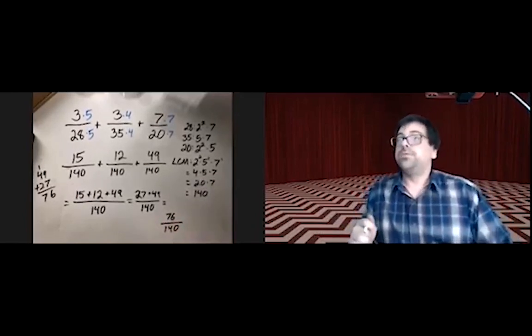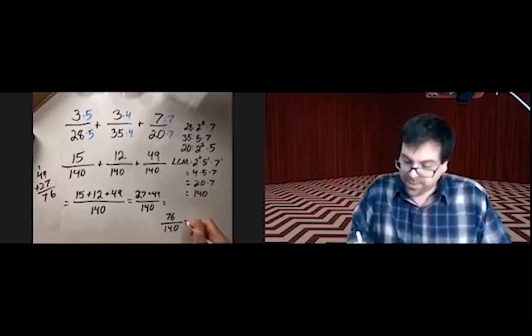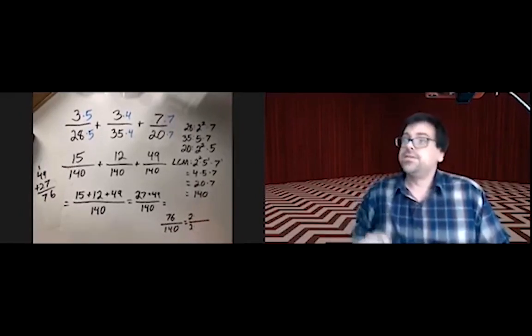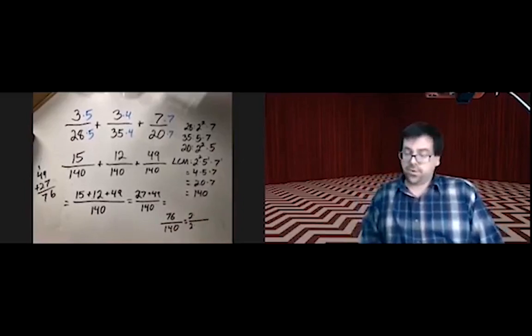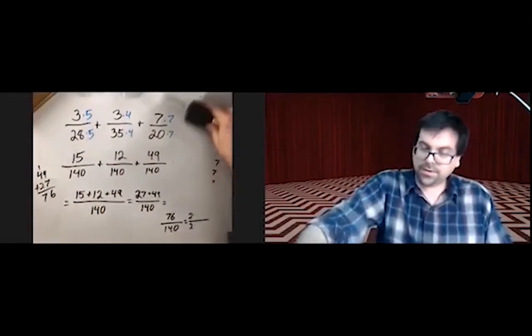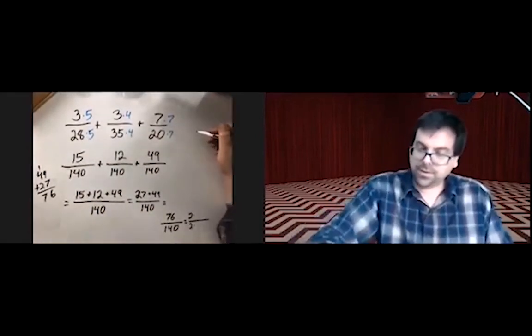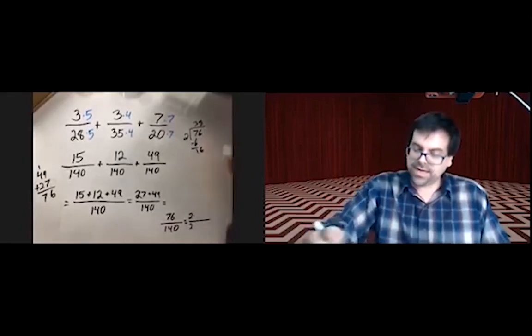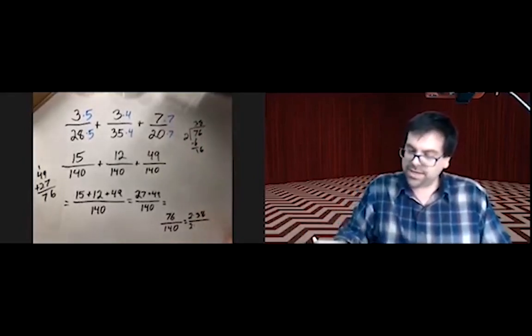Well, it's not improper, so we don't have to worry about a mixed number, but both are even, so it at least reduces dividing both by 2. 76 divided by 2. 2 goes into 7 3 times. 2 goes into 16 8 times. So that's 2 times 38. 140 is 2 times 70. The 2's cancel.